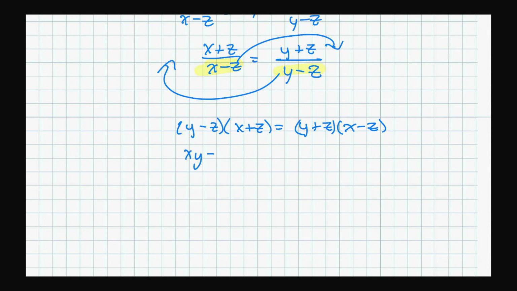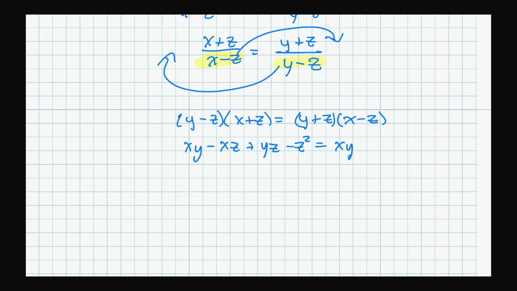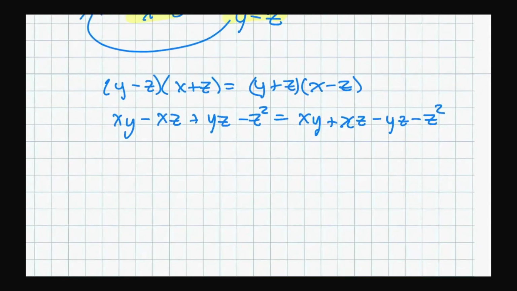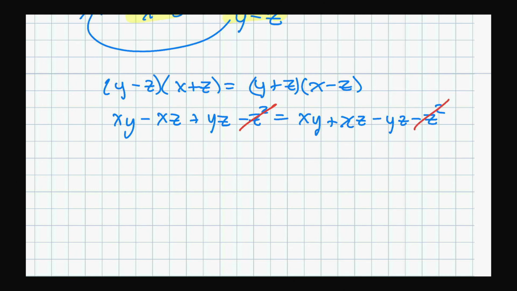So xy minus xz plus yz minus z squared equals, on the other side, xy plus xz minus yz minus z squared. When you simplify this, a lot of stuff is going to cancel because it's on both sides. The negative z squared cancels with negative z squared, and xy cancels with the xy.